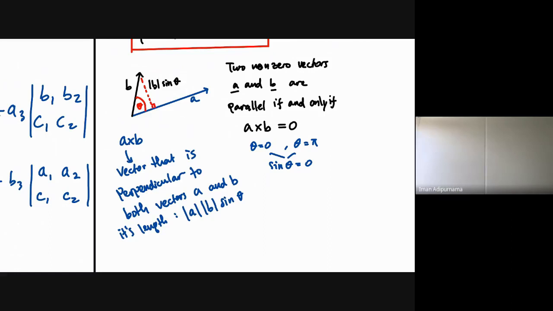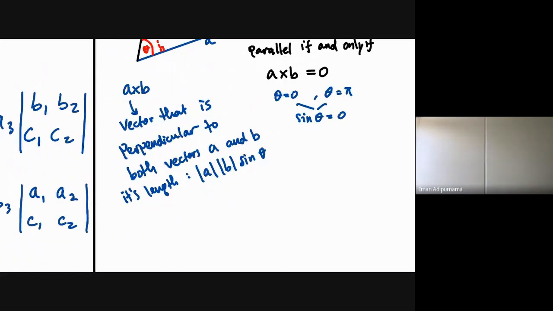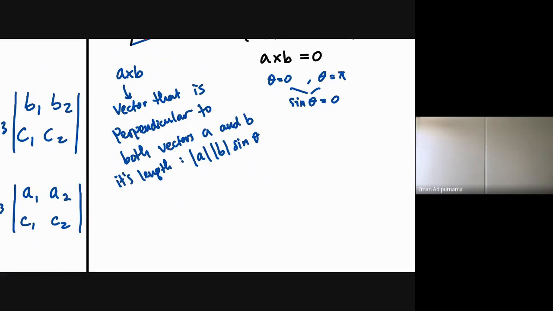And this is actually what we use in physics. This is usually how physicists define the A cross B: a vector that is perpendicular to both vectors A and B.